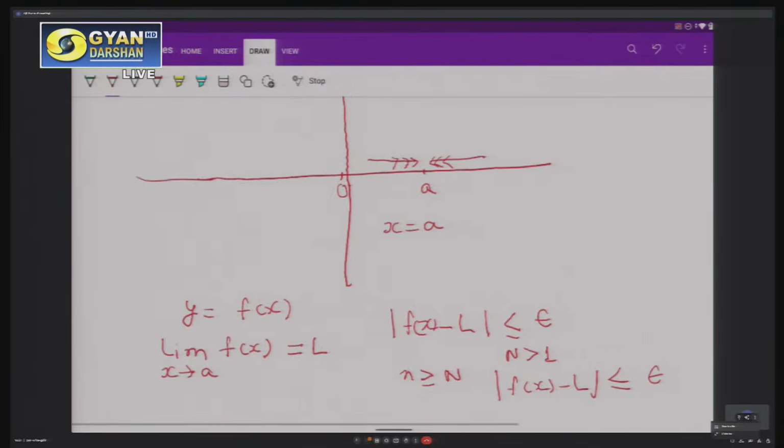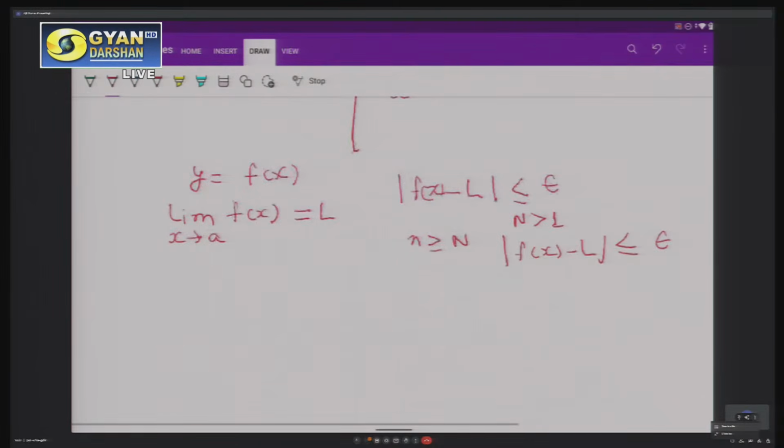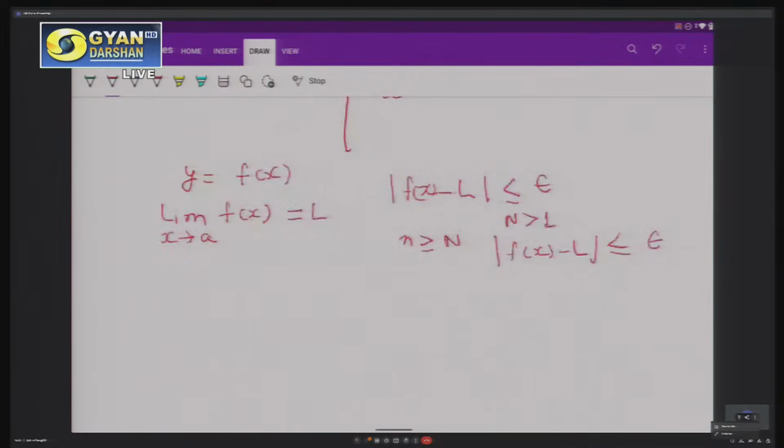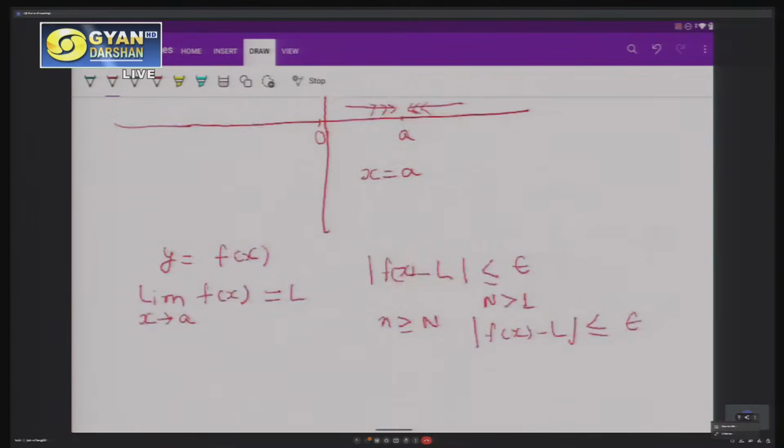So x tends to a means that you are going from this side. Say I write limit x tends to a minus. A minus means you are approaching a from the left. Then what will be the value of y?